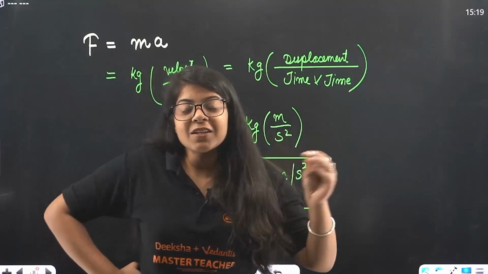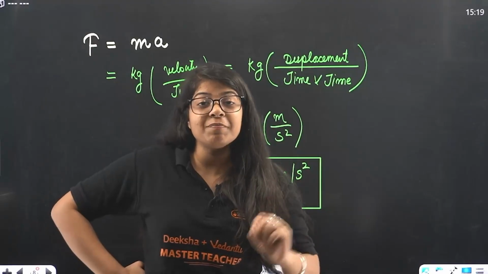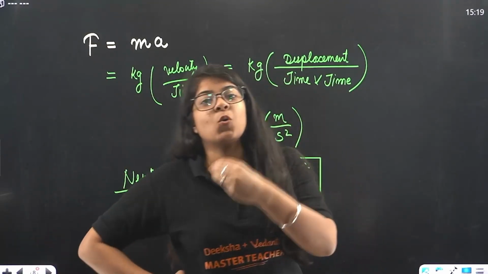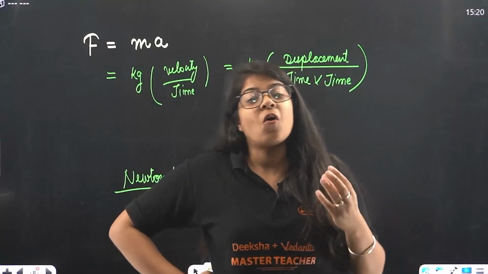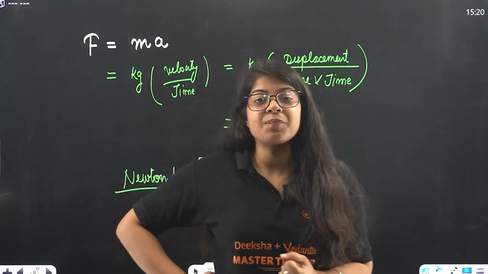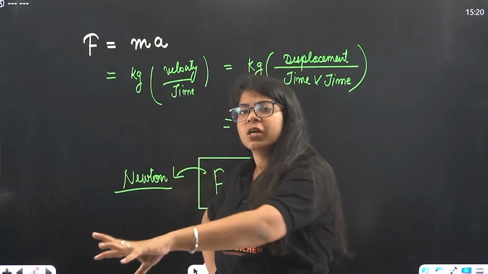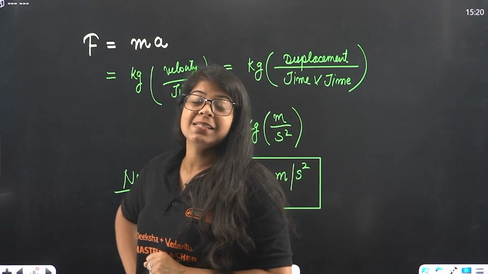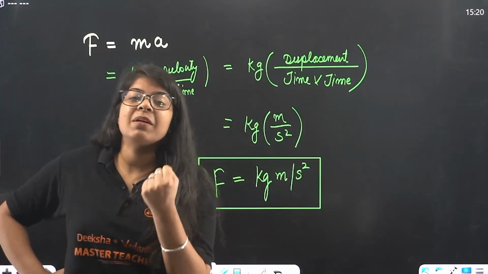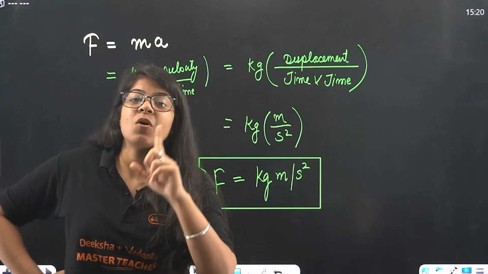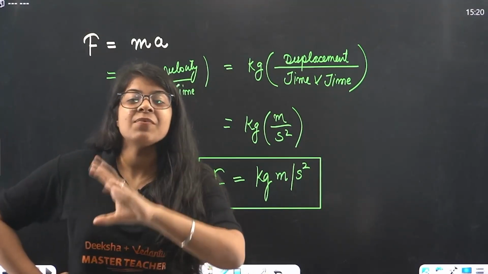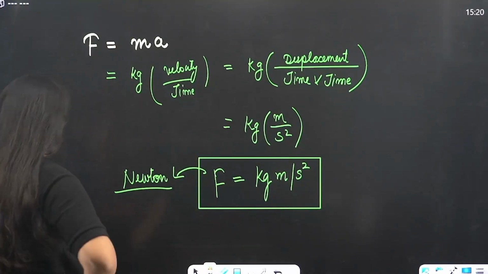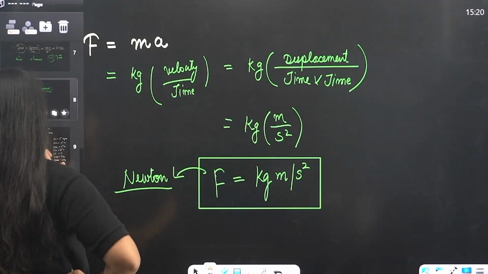Kg, gram, tons, quintals, pounds, all these are units of mass. Somewhere they're using kg, somewhere pounds. So that is where the system of units comes into play, and we have to study that also a little bit.